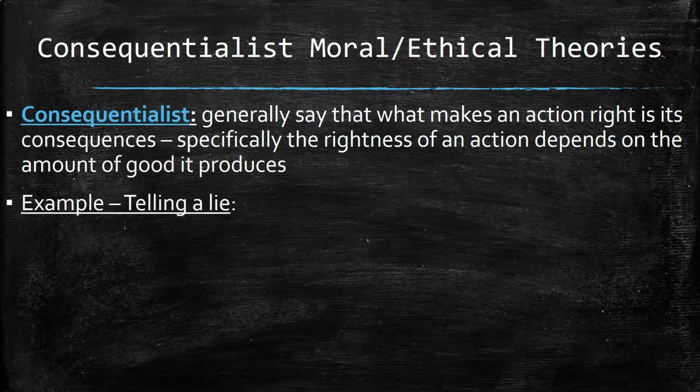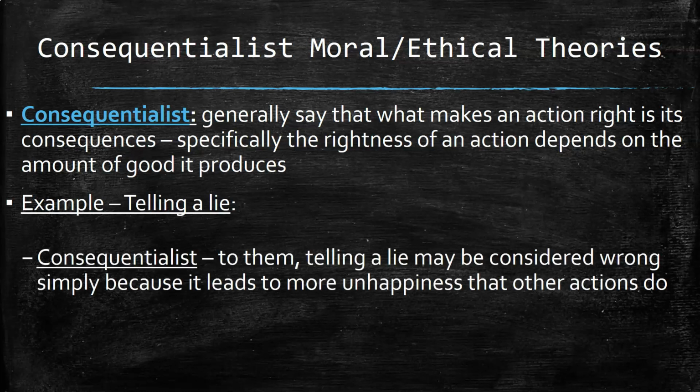So an example of this, of consequentialists. They're going to say telling a lie isn't always either good or bad. It's going to depend on the situation and what the outcome is. To consequentialists, telling a lie is considered wrong only if it leads to more unhappiness than other options. An example would be telling a white lie to protect a friend's or family member's feelings.